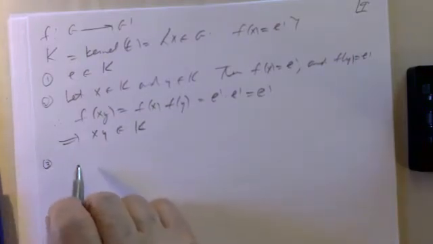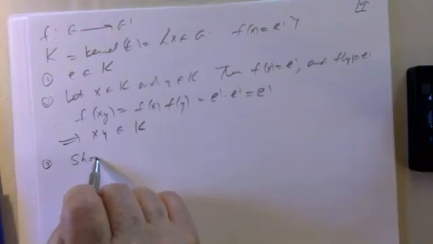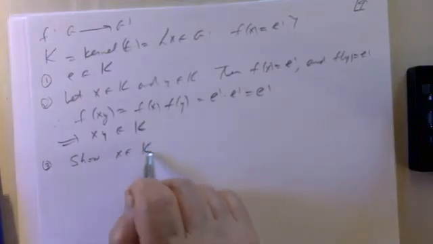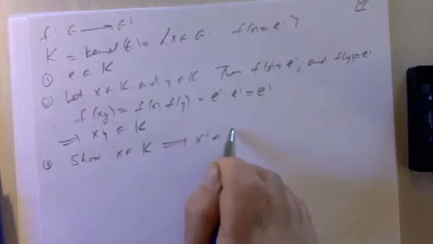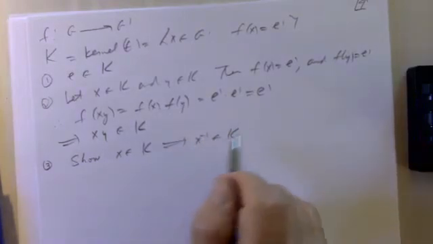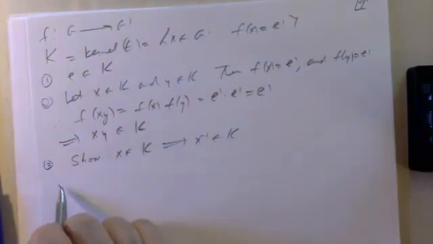Finally, we have to show that K is closed under taking inverses. We have to show that if x is in K, then x inverse is in K. And how do we prove that?